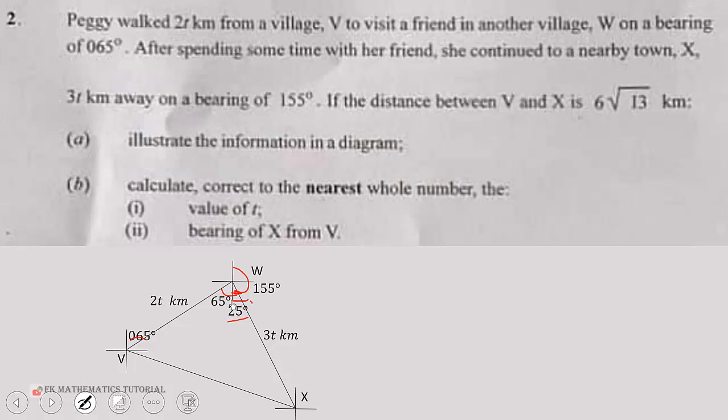Good. So we can complete the triangle now. Now we're told that this distance is 6√3 kilometers, the distance from V to X. We have to calculate, correct to the nearest whole number, the value of t. So we can use Pythagoras theorem, because if you add 65 and 25, you get 90. So this angle here is 90. So triangle VWX is a right-angled triangle.